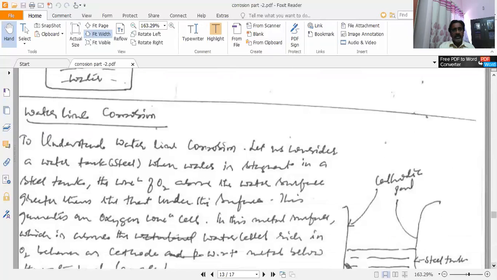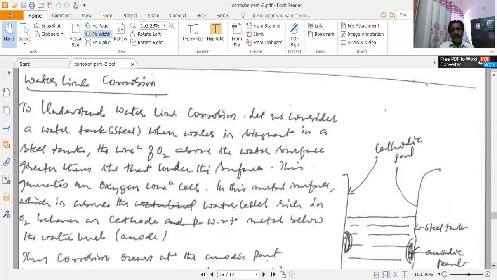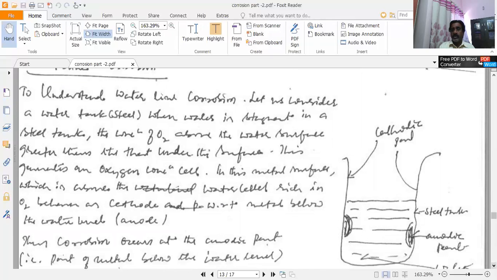Next type is waterline corrosion. To understand waterline corrosion, let us consider a steel water tank. When water is stagnant in a steel tank, the concentration of oxygen above the water surface is greater than that under the surface. This generates an oxygen cell or oxygen concentration cell.